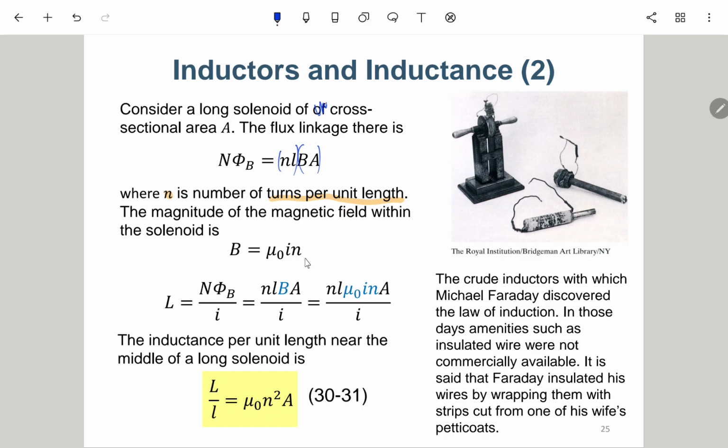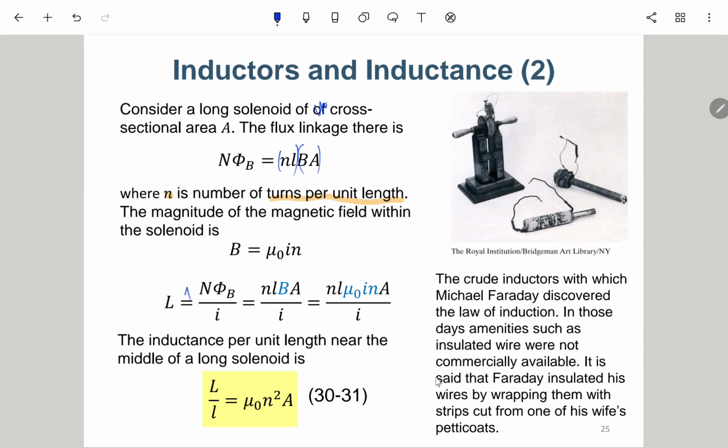So making use of the definition in the previous page, L will be n phi b over I. Then we plug in n phi b to be this thing here, over I, and we plug in B to be mu0 In. So n times L here, and then B will be mu0 In, times A over I.